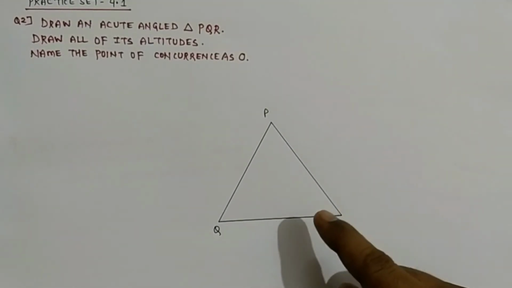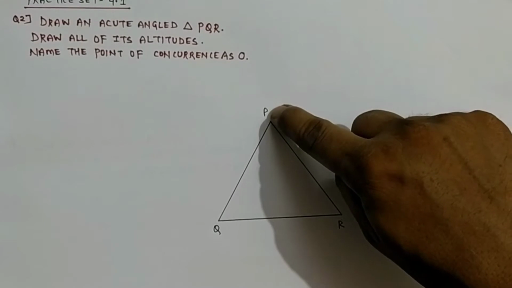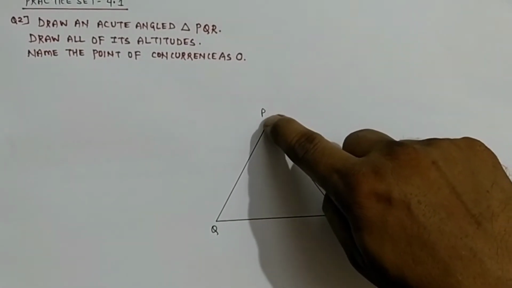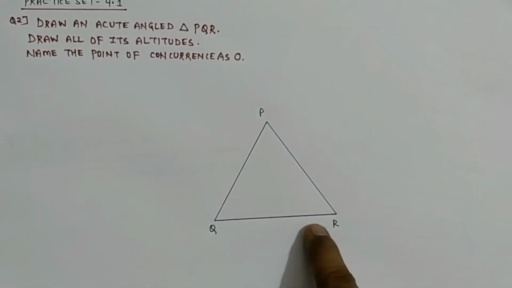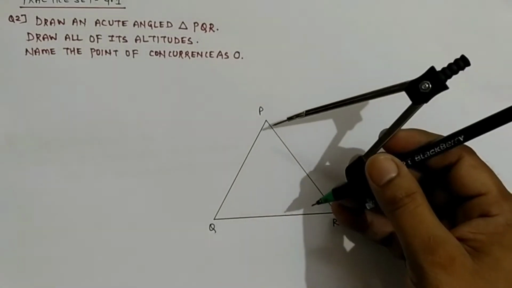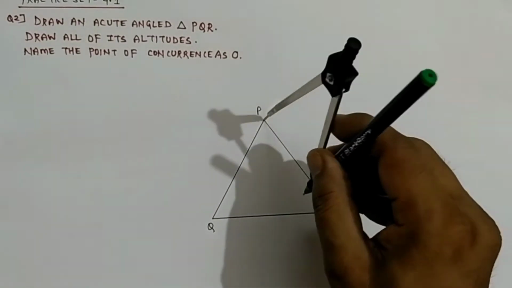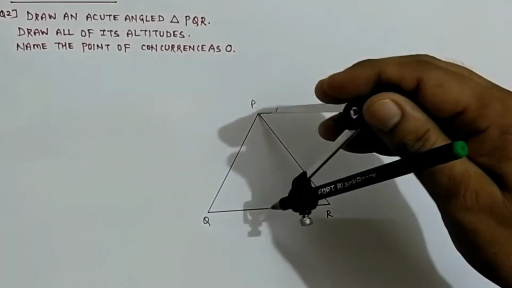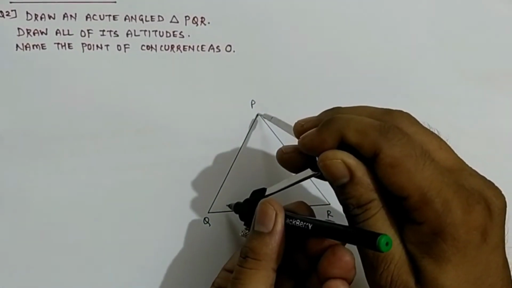Now what is altitude? Altitude means from this vertex a perpendicular on the opposite side. So from this P we have to draw a perpendicular on this opposite side QR. See how we do that. Take the rounder, keep it on point P, and from P, on the base, you are going to cut two arcs.